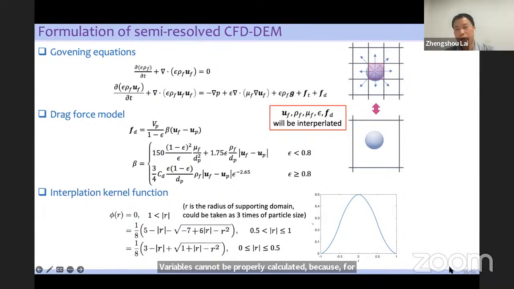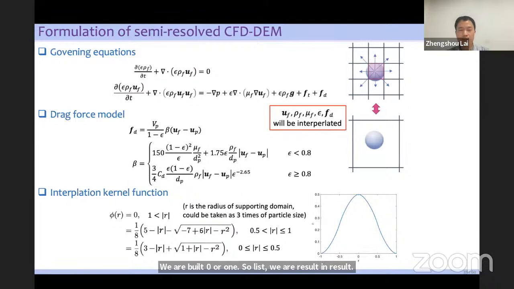For a fine mesh, a mesh cell may be totally overlapped by a particle. So the porosity that is required in the calculation of drag force will be 0 or 1. So this will result in inaccuracy in the calculation of drag force.